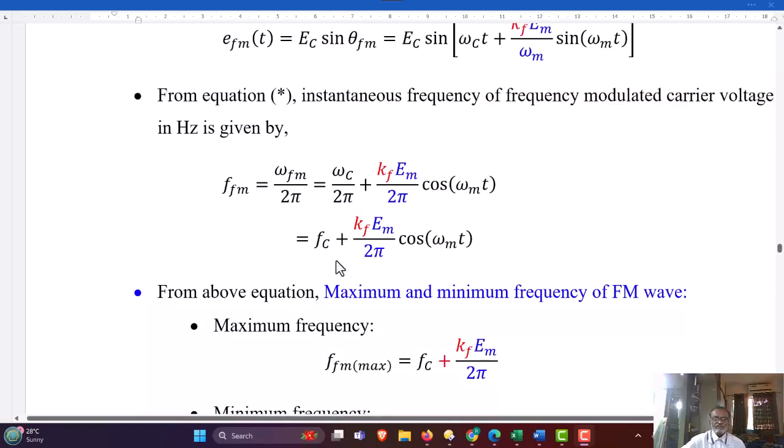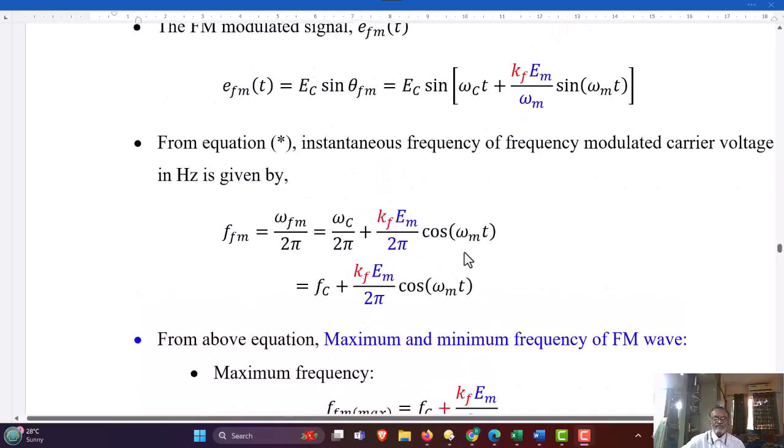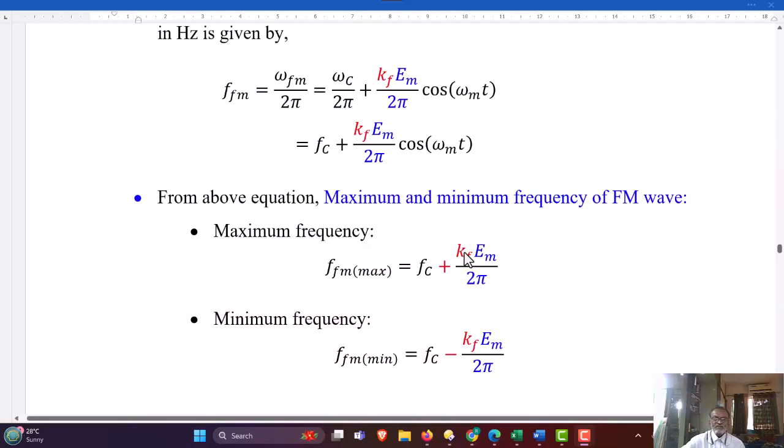Now we will have omega c by 2 pi as fc, and therefore f of FM is equal to fc plus kf into Em by 2 pi cos of omega m t. That is in terms of frequency in hertz.